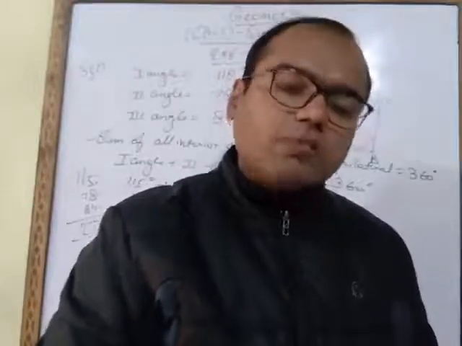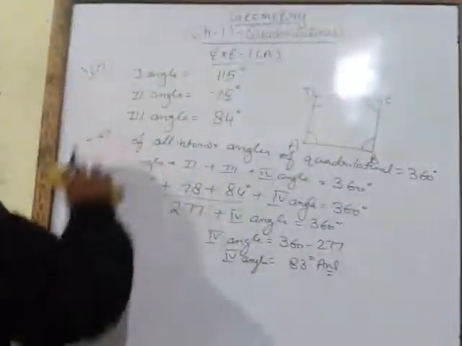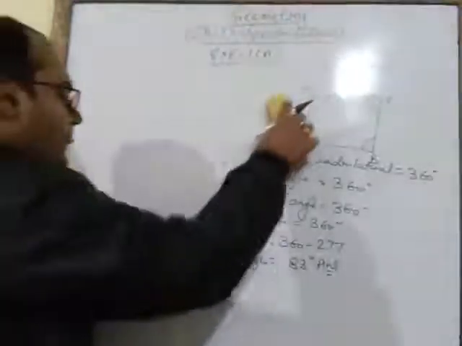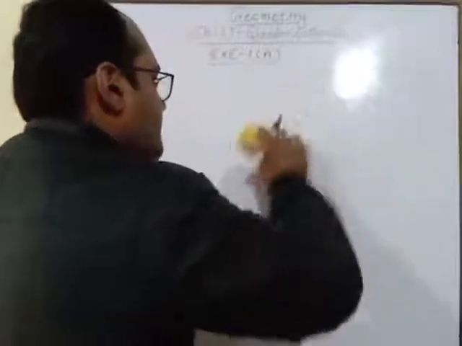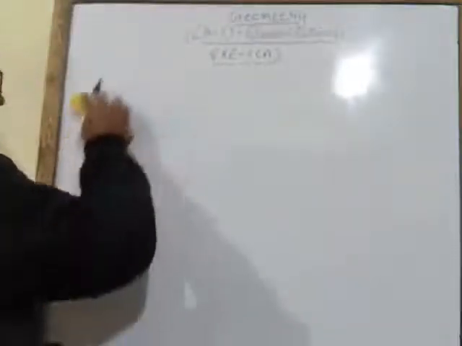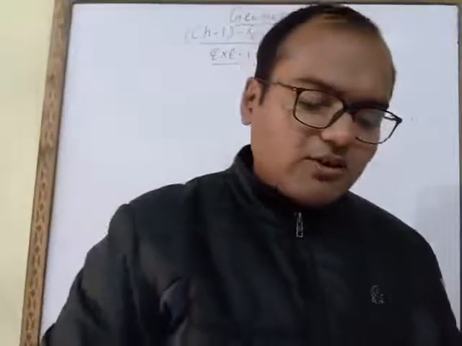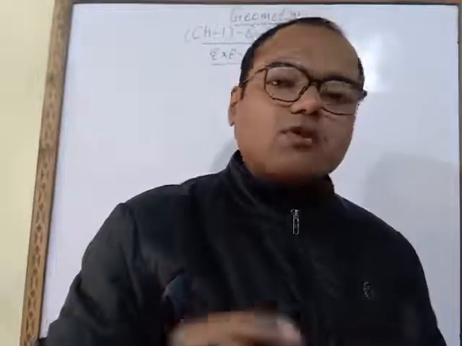Now come to question number fourth. The angles of a quadrilateral are in the ratio. The ratio of all the four angles of the quadrilateral is given.